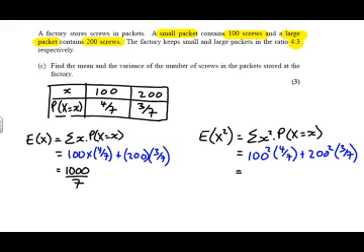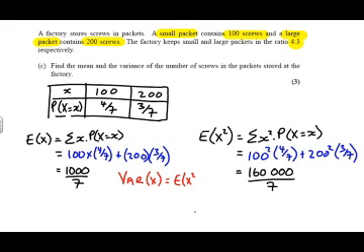Into the calculators, and we get an answer of 160,000 all over 7.